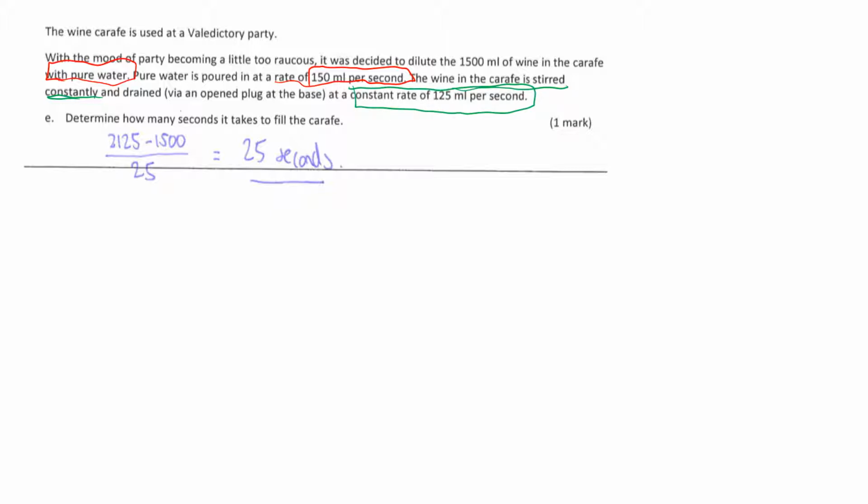All right, now the first question is just to put it into a practical context. We can see 150 mils per second is entering, 125 mils per second is leaving. What we have is a net gain of 25 mils every second that passes in this dilution process. So what's the available capacity left in the tank?